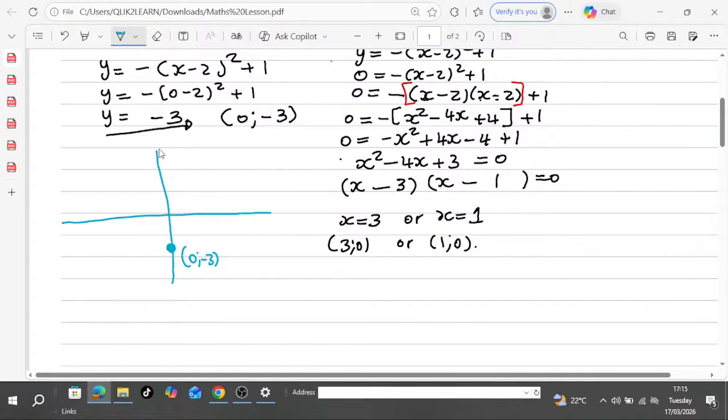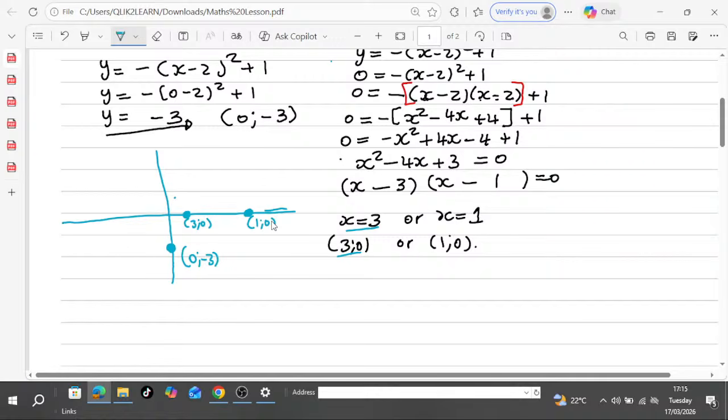Then I have the x-intercepts: 1 and 0 there, and 3 and 0 there. Let's name everything, and say this is my 3 and 0, and this is my 1 and 0.